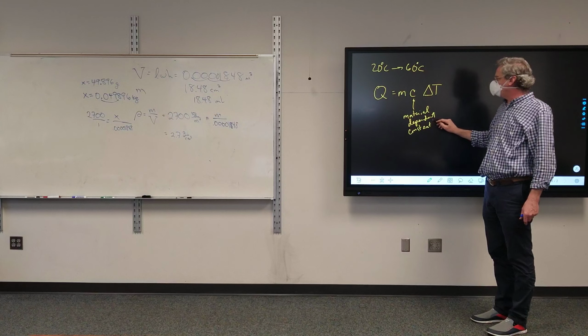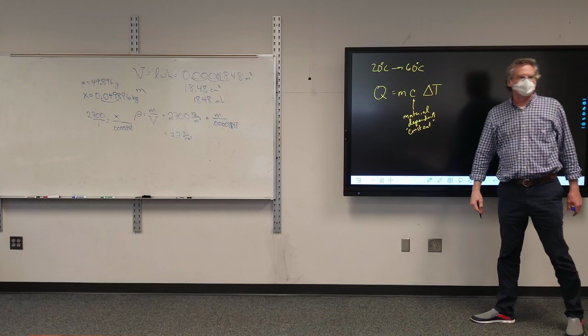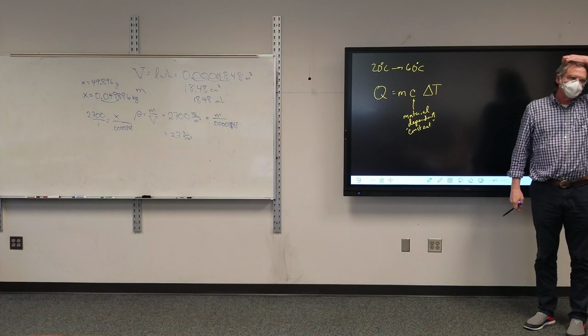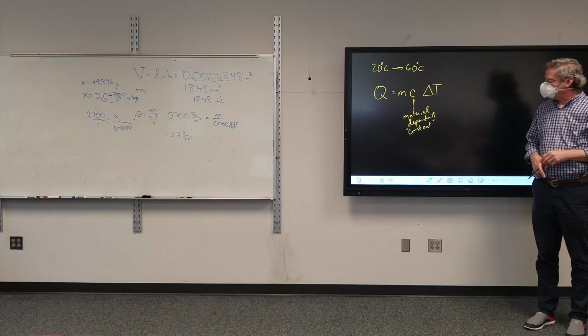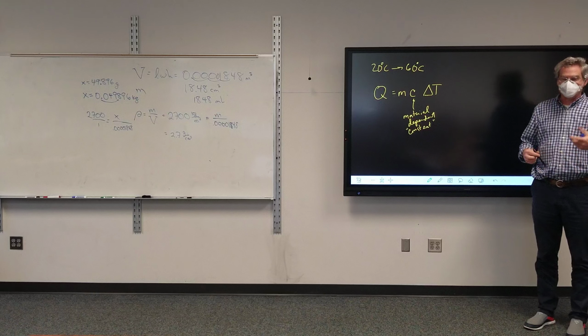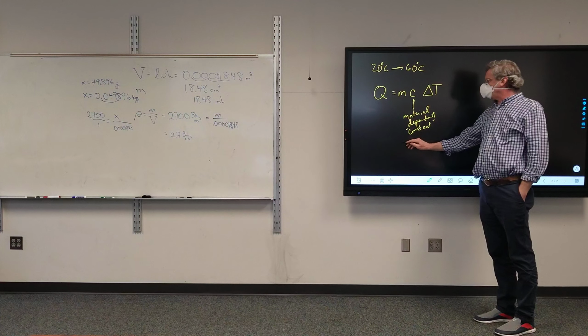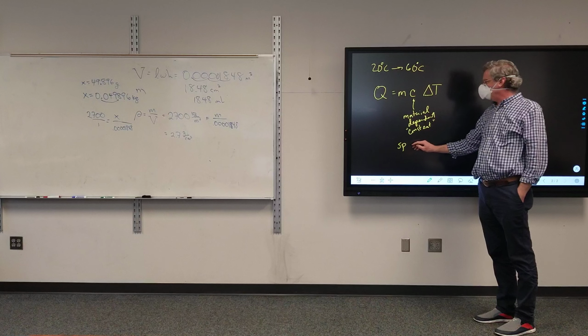I'm going to say constant, I'll put constant in quotation marks. Yeah, it's constant as long as nothing changes. The value can change as the temperature changes, so in that sense it's not constant. Anyway, this is known as the specific heat.